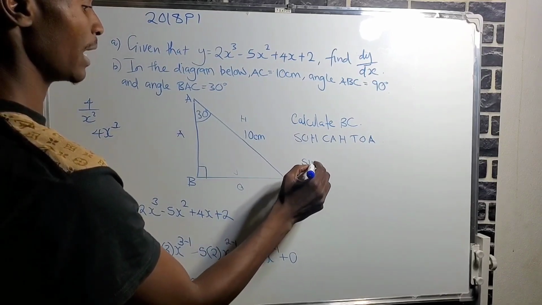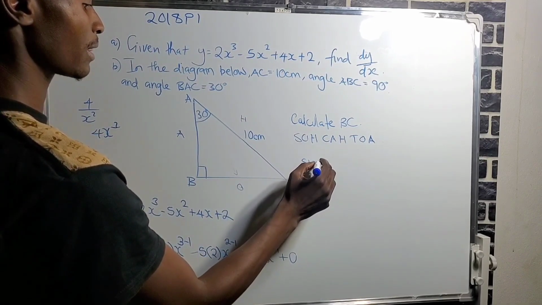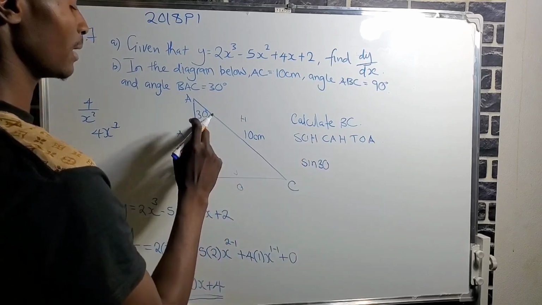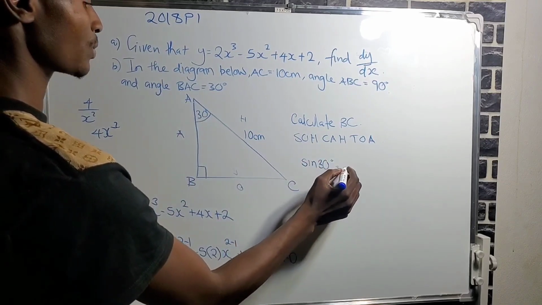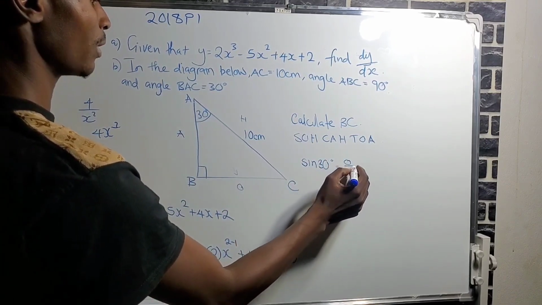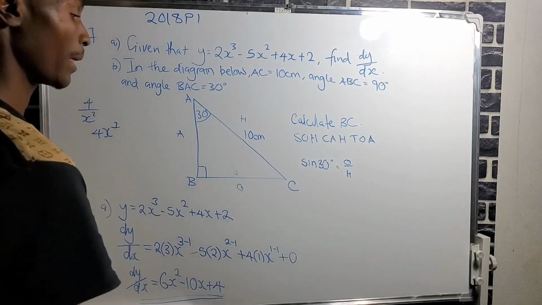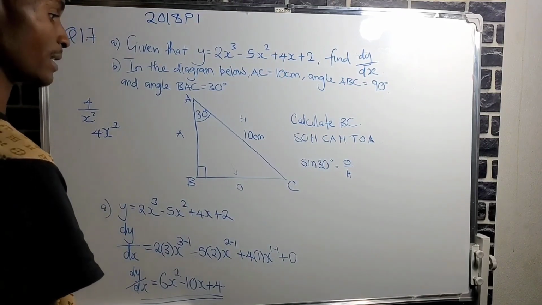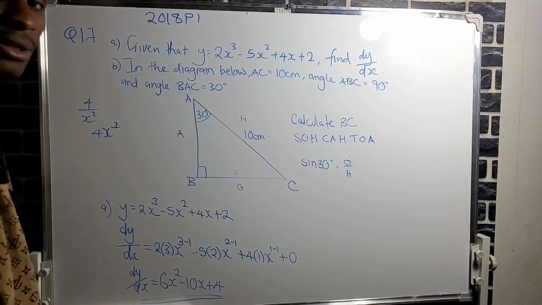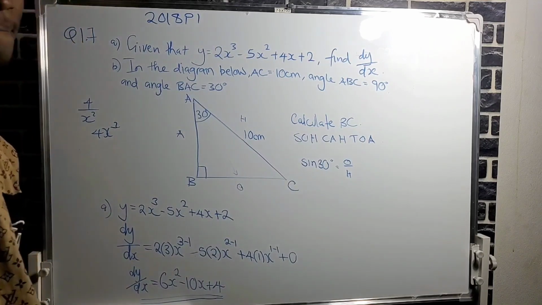So it will be sine 30 degrees is equal to opposite over hypotenuse. This is nice. What is sine 30 without using a calculator?